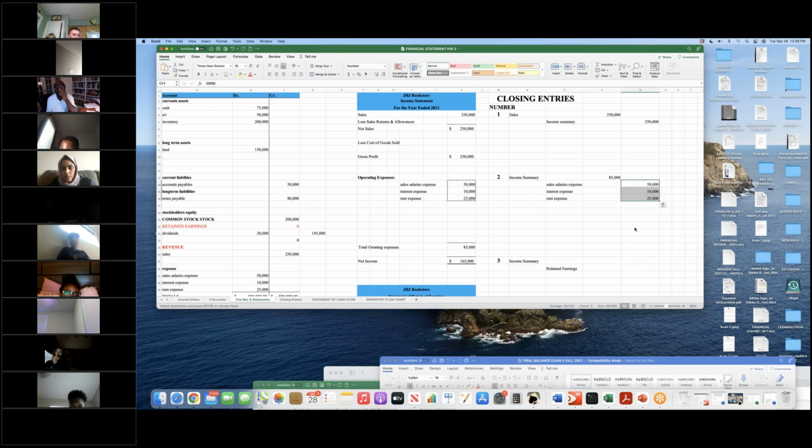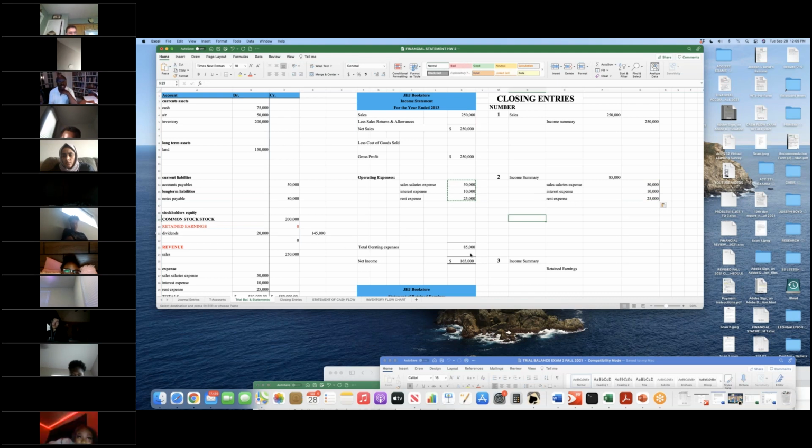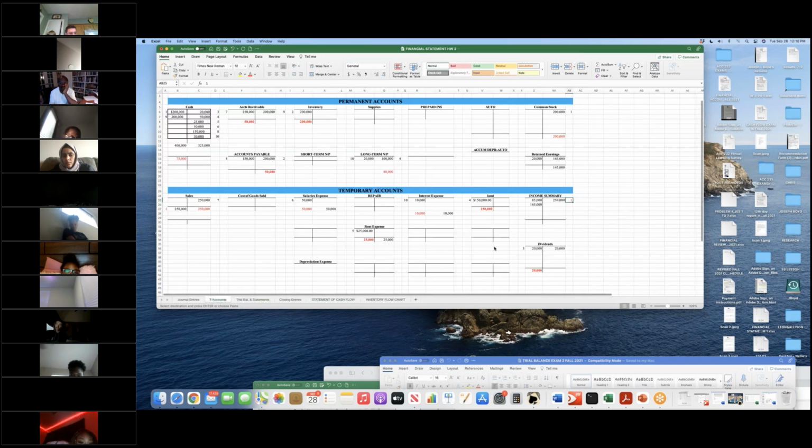Okay. And then you'll go over. In the second one, we close out the expenses. Then in the T accounts, we're going to debit income summary. So we got a 2 here. Then we're going to credit all of these expenses.